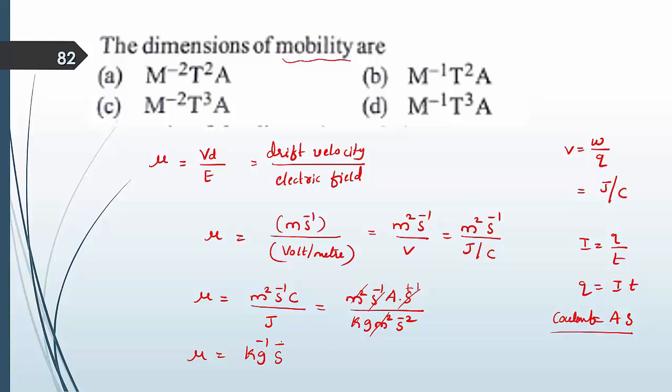So, s raised to plus 2, then A. Kg means it is the unit of mass, M raised to minus 1. Second is the unit of time, T raised to plus 2, and remaining is A. See here, M raised to minus 1, T raised to 2 into A. So, this is the dimension for mobility.